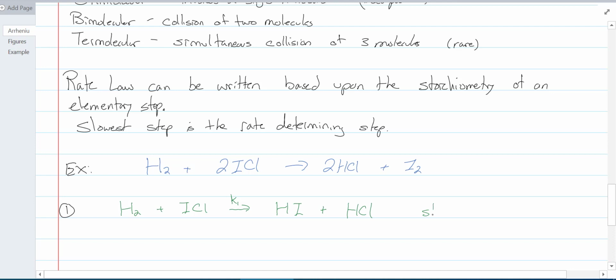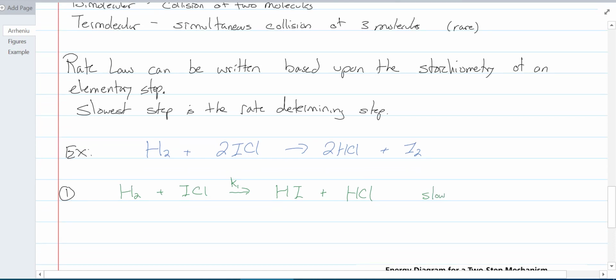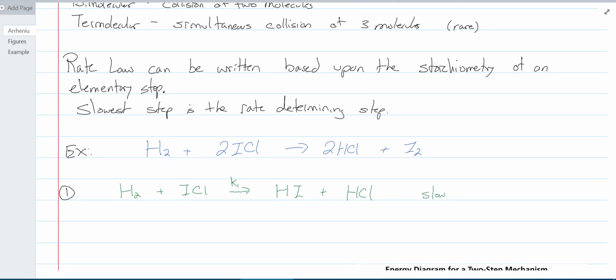And we're going to say that's slow, and we'll tell you why in a second. Step 2, we're going to suggest that HI plus ICl with K2 goes to HCl plus I2. And we're going to say that's fast.